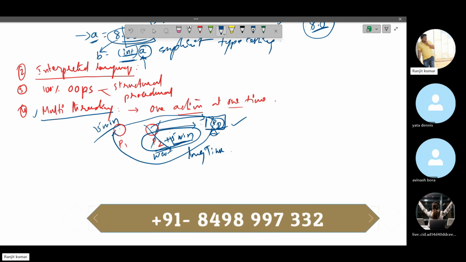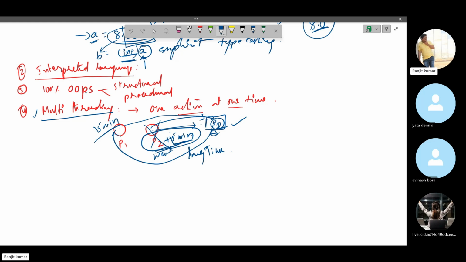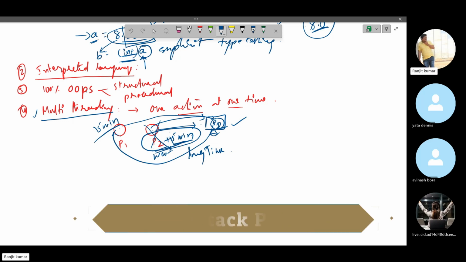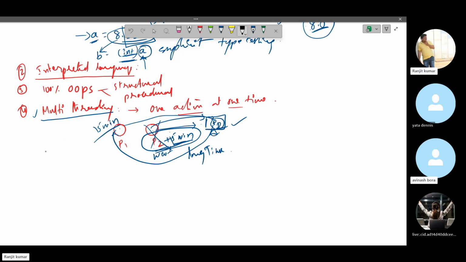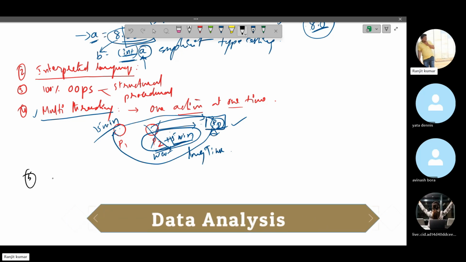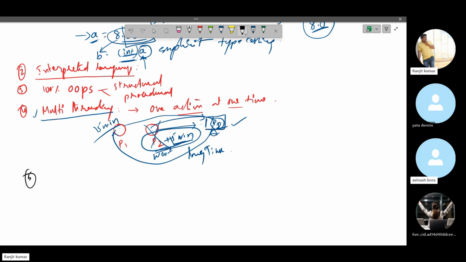Until now, just know that when more than one process is executed in my computer, it is called multi-threading. Simply know about it. Next, the next feature of Python. Rich in libraries. Very good.